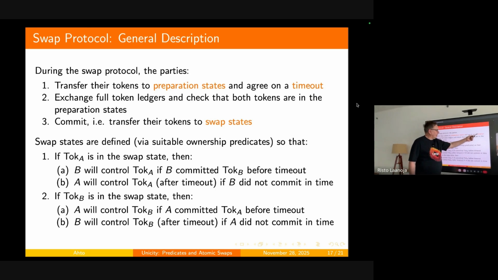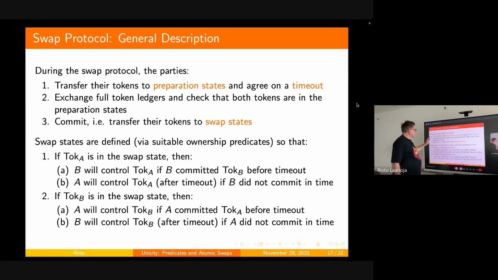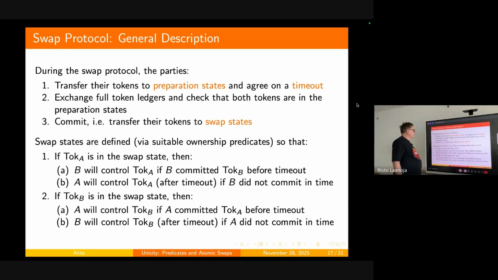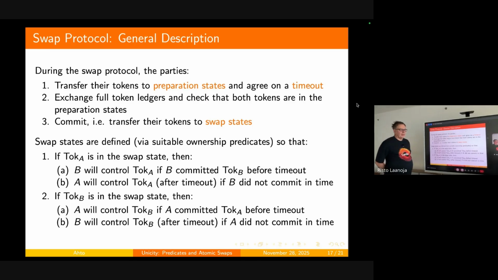And the parties agree on a timeout. Now the parties exchange the full token ledgers. A gives her ledger to B, and B gives his ledger to A. And they check whether those tokens are indeed in preparation states.